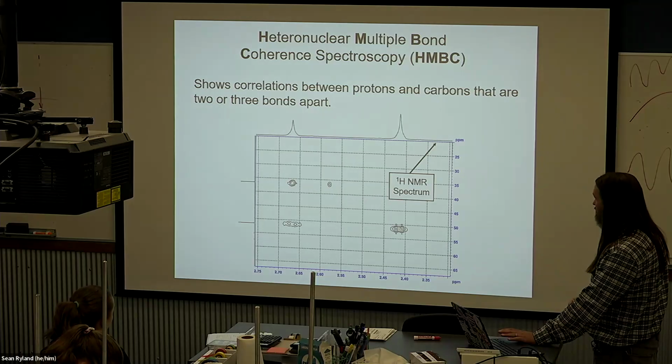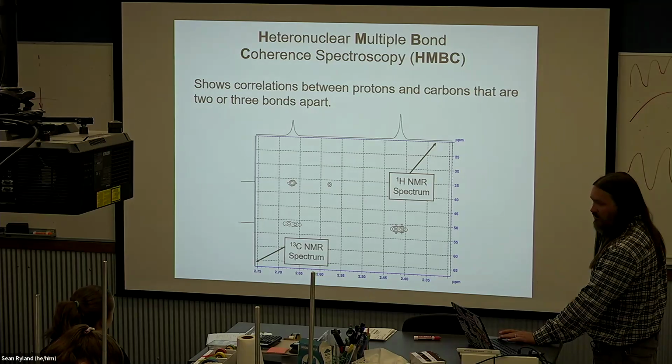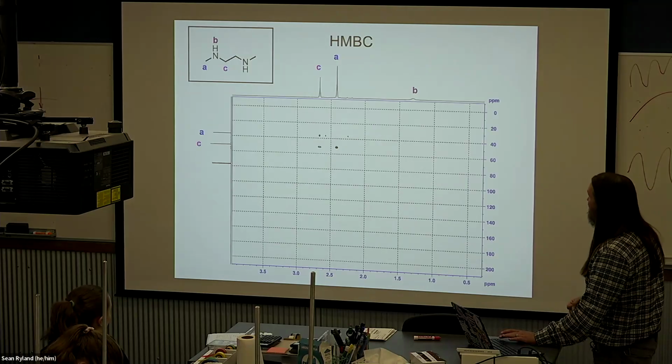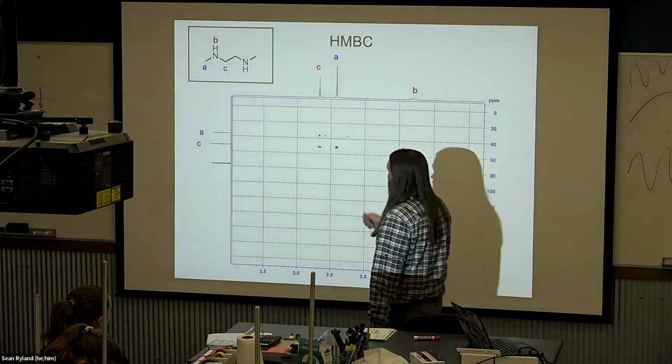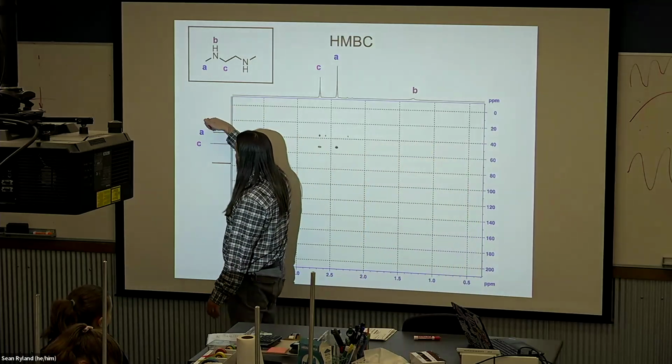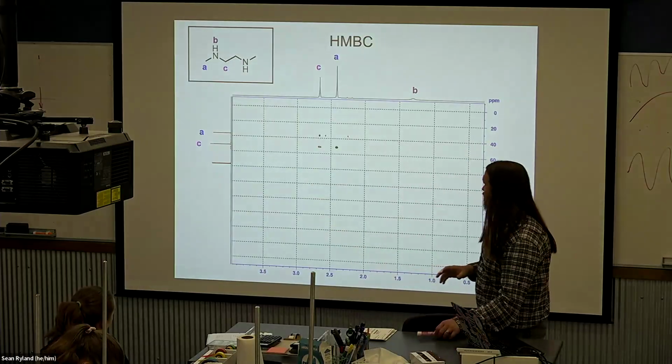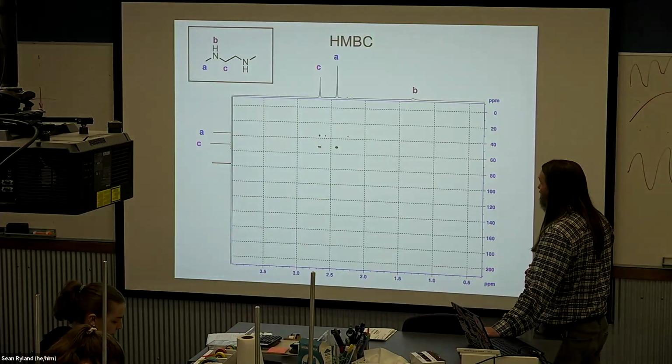And once again, it's going to be our proton NMR on top and our carbon NMR on the side. It's the same molecule, so we already have the carbon NMR and the proton NMR peaks fully identified.